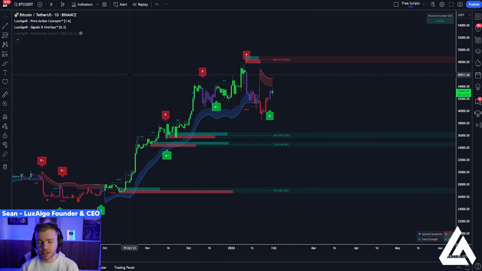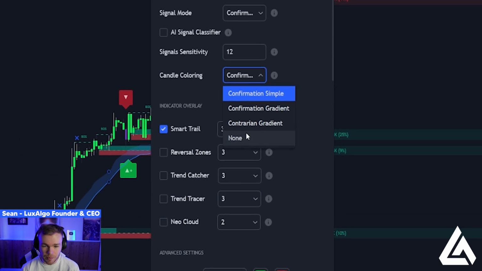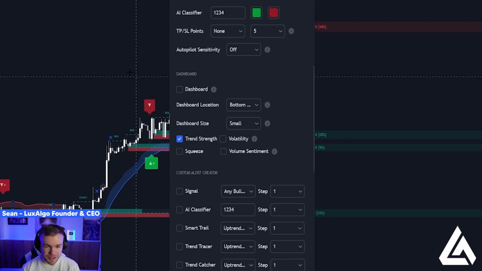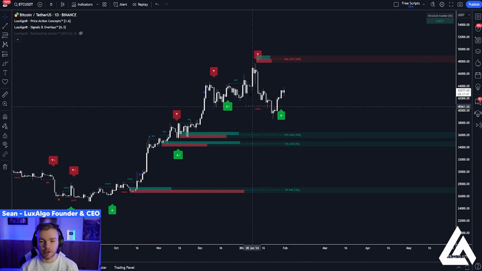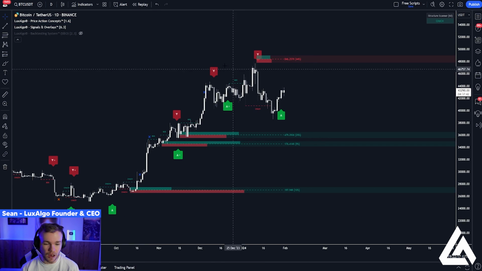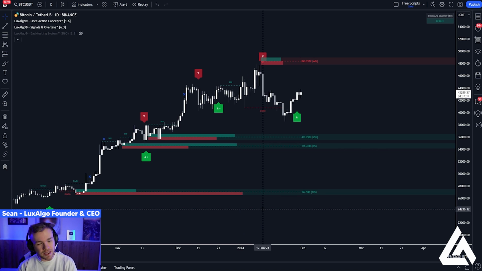Depending on your style of trading, if you're more of a price action focused trader, but you really like the signals from the signals and overlays, then you should disable the candle coloring, probably disable the smart trail, as well as the dashboard, and then you just have your market structure or whatever setup you're using in the price action concepts alongside the confirmation signals, so that this can be more of a price action based approach, but incorporating some aspects of the signals and overlays.